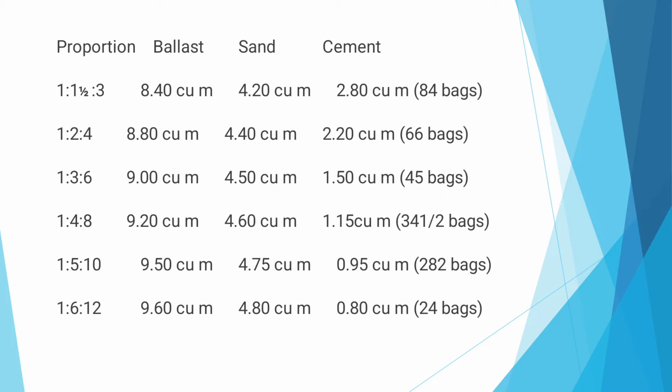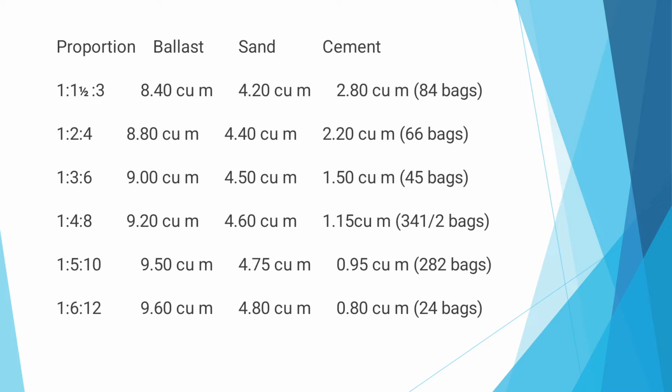Therefore, 84 packs, one pack of cement being 50 kg. Then next ratio 1:2:4: ballast 8.80 cubic meter, sand 4.40 cubic meter, cement 2.20 cubic meter. Therefore, 66 packs of cement.